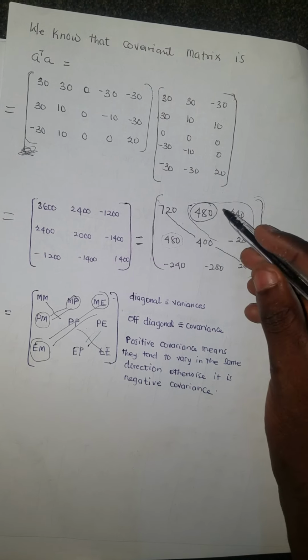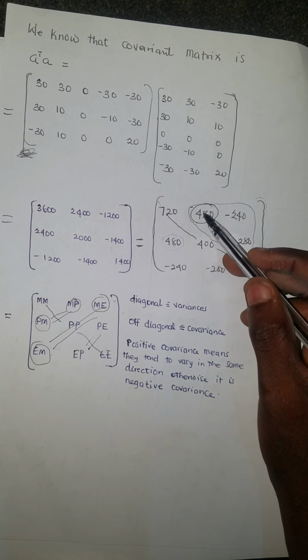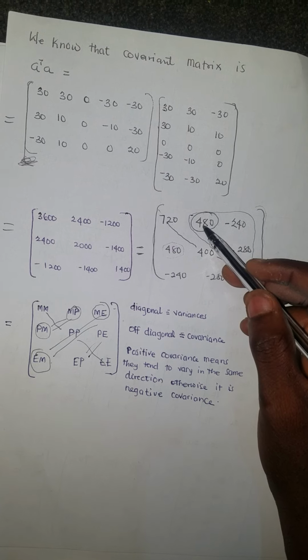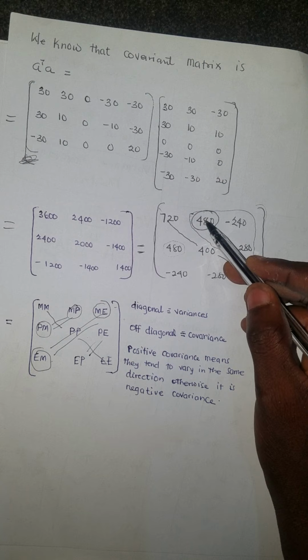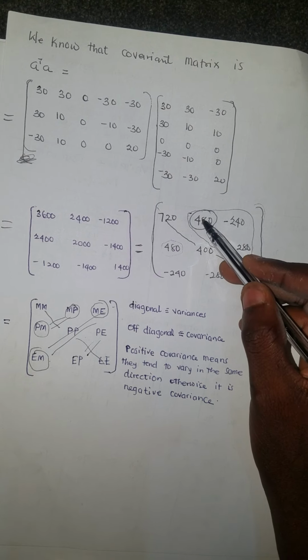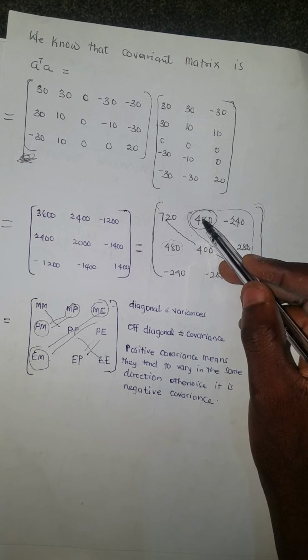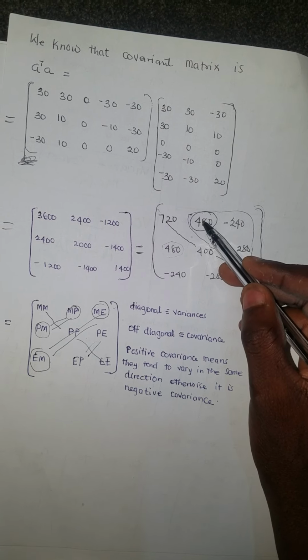So the covariance 480, which is a positive covariance, means that whenever a student gets a high mark in mathematics, the student will also get a high mark in physics.